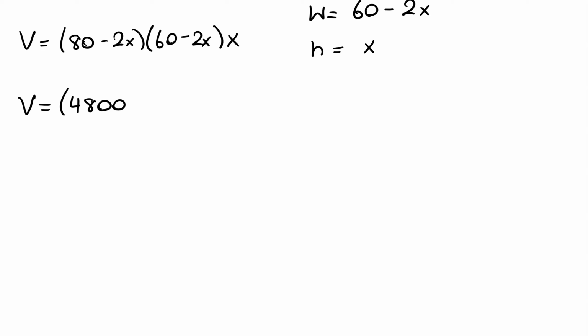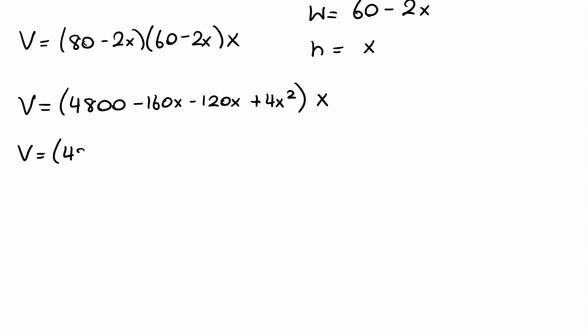We got 80 times negative 2x, that's negative 160x. We've got negative 2 times 60, that's negative 120x. And we've got negative 2x times negative 2x, that's positive 4x squared. We've still got the x outside. So we can simplify that.